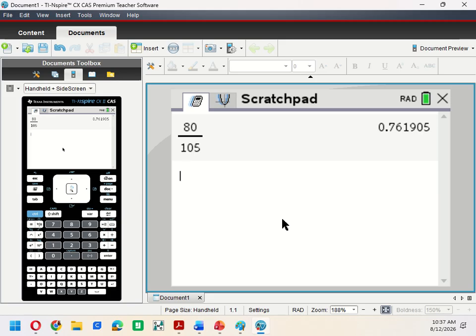Let's say 0.762. What are my units? Meters per second. So it's distance over time.